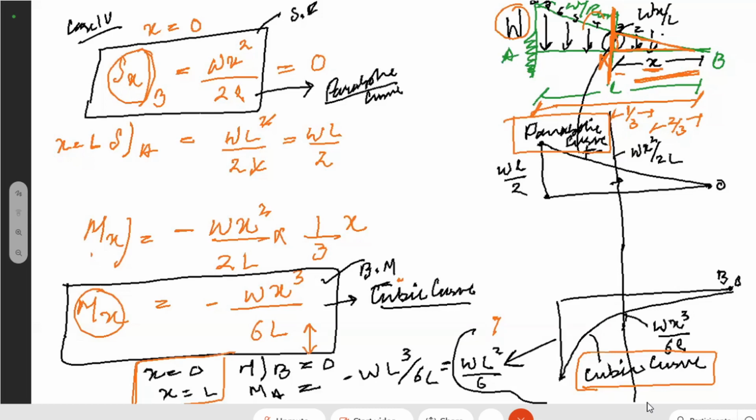For that equation, you have to see whether it is varying in parabolic fashion, cubic fashion, or linear fashion, and accordingly you have to draw the shear force and bending moment diagrams. Yes, we have to consider the general equation. These are the end values that we give, but we have to see what equations are actually to be considered there.